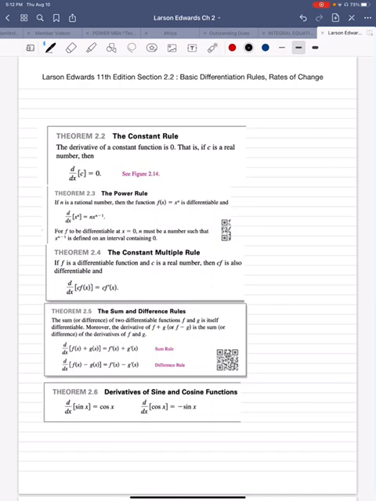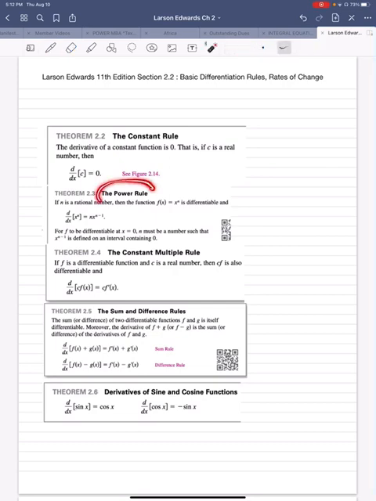In general, it says that d/dx of c is equal to 0. Now, what does that look like? For example, d/dx of 1 is equal to 0. d/dx of, let's say, 7 is equal to 0. d/dx of 1,000,000 is equal to 0.